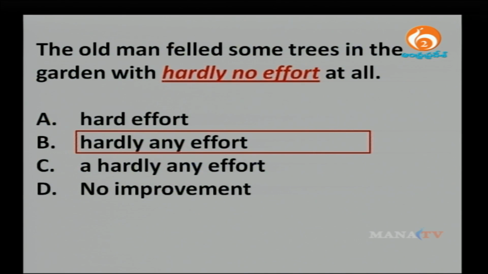When you are using the word hardly, you will use hardly any effort. If the sentence was, the old man felled some trees in the garden with no effort at all, then it would have made sense. But since you have the word hardly, you will have to use hardly any effort at all.